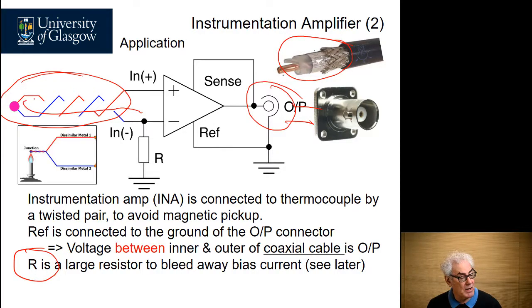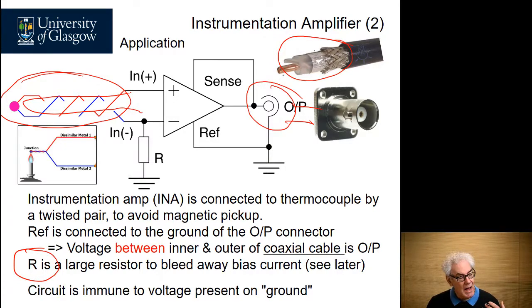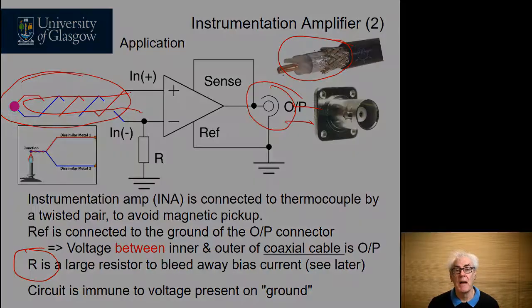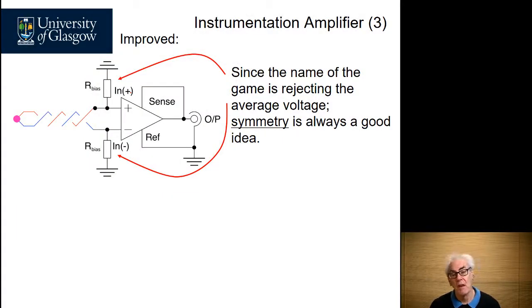Because a thermocouple has very low resistance through the wiring, the single resistor will actually provide the bias current for both inputs. And the design of this circuit is pretty much immune to any voltage appearing on the ground signal. So it's only going to amplify the difference voltage. Now we can improve this slightly by improving the symmetry here.